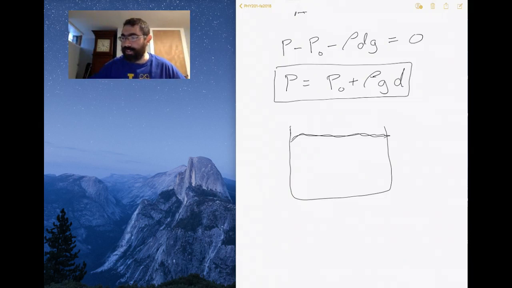So at any height in here, I can calculate what is the pressure inside that fluid. And the pressure depends on what is the pressure on top, pushing down on the fluid, and what is the weight of the fluid, basically what is the density. So there's density here, and the depth.